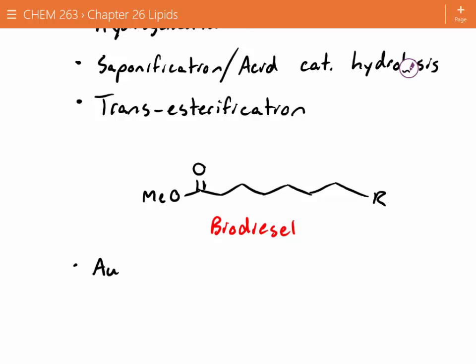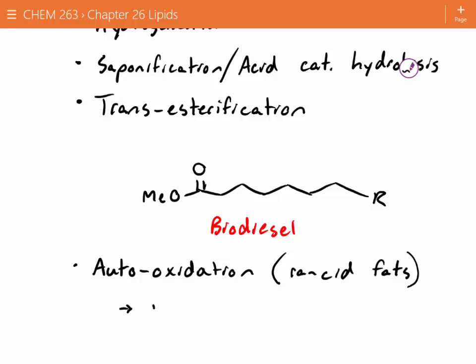The last one that we didn't cover is autooxidation. And that's when it becomes rancid. I'm not sure if you guys have dealt with rancid fats, but rancid fats smell really, really awful. The reason behind this is that you have a reaction with radical O2 plus fat equals something that's very, very smelly.